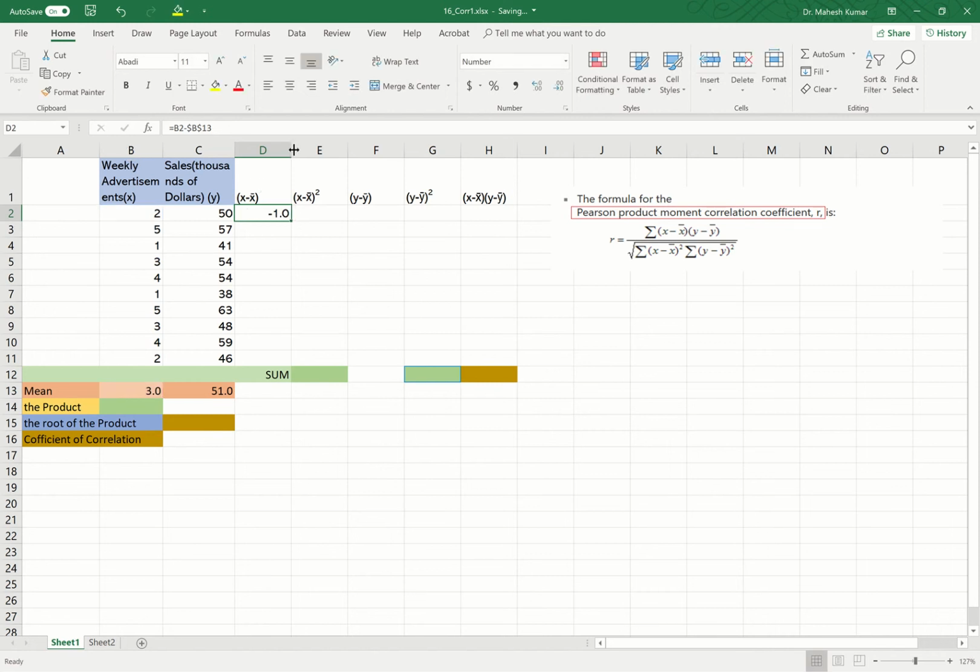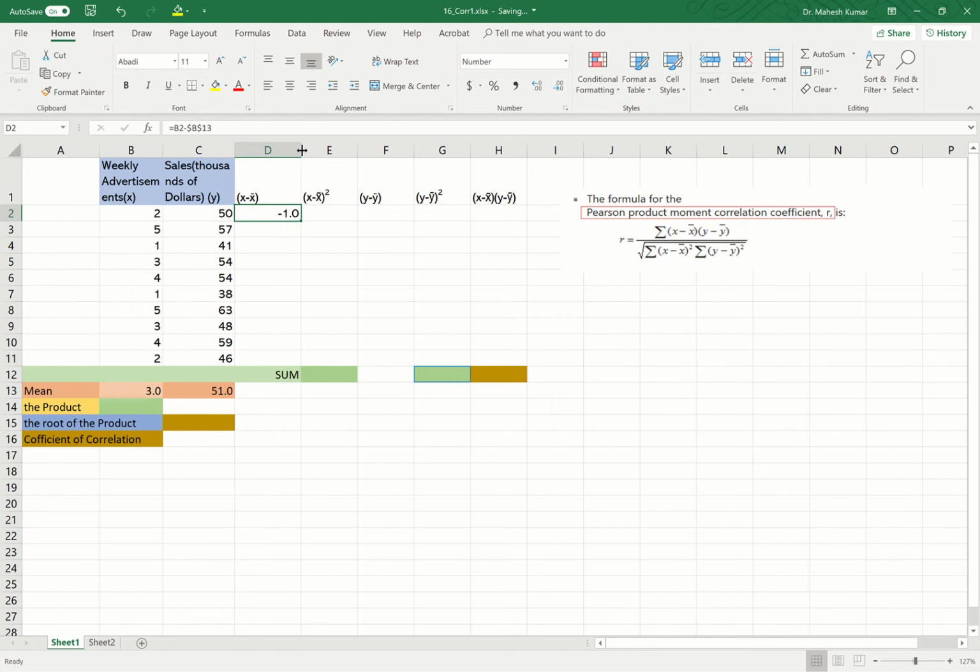So this is x minus x bar. Sometimes when you see this $B$13, you have to press Function plus F4 on your keyboard, or sometimes just the F4 key, depending upon how your keyboard or computer is programmed.